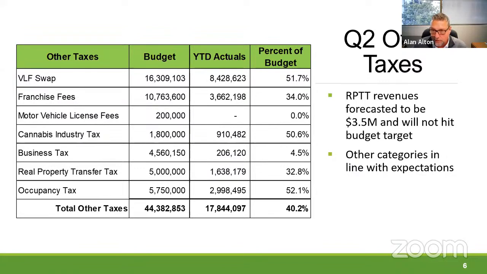Real property transfer tax is a tax that goes on the value of a real estate transaction, so typically with a house. I believe it's $2 per thousand of transaction costs. So it is a function of what the real estate sold for and how many of those we're seeing.